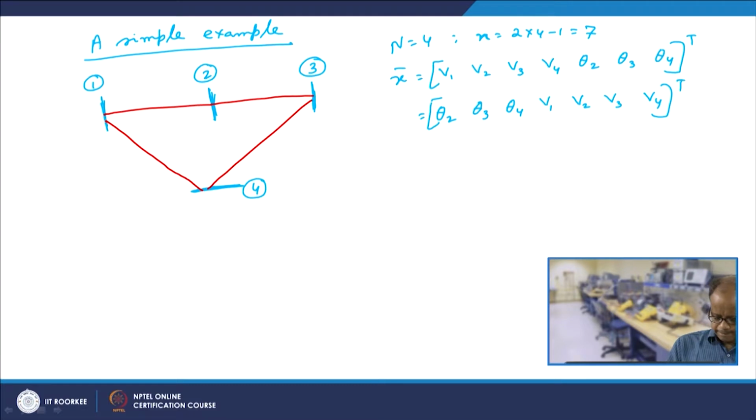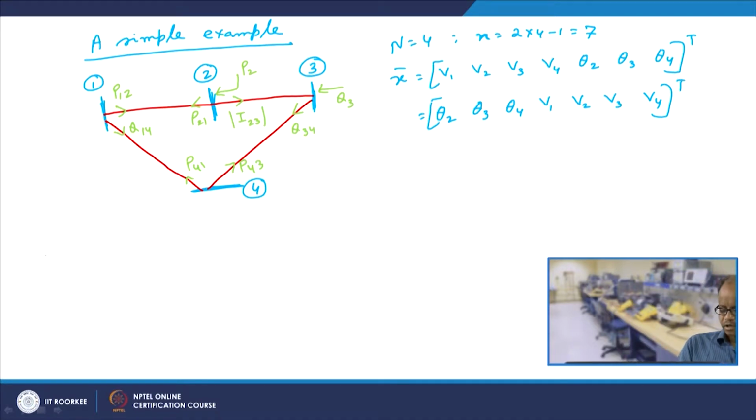Now, suppose my measured quantities are P12, let us say P21, Q14, P41, Q34, P43, P2, Q3, and we also measure the magnitude of I23.